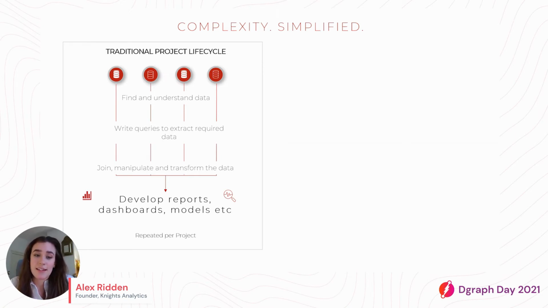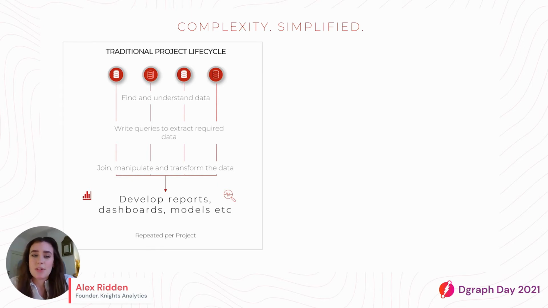And oftentimes that data, even if it's within a data lake, is quite siloed. So the data sets that you might want to combine have different owners. There's probably one person in your organization that knows about it really well, and you have to go and talk to them a lot. But you want to essentially then find it, write these queries to extract it, and then spend a lot of time joining, manipulating, and transforming it.